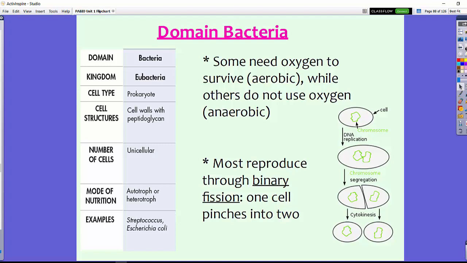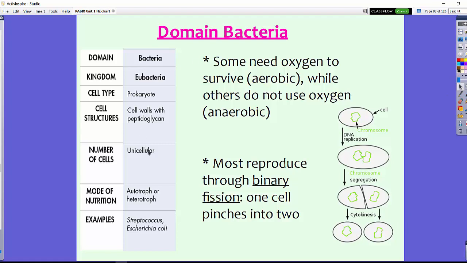Most of these also reproduce through binary fission, and here's a picture over to the side, which basically means that the DNA is replicated within the cell, the cell splits in half, and each cell now has a replicated portion of that DNA. So when this one cell gets too large, it's going to split in half and become an exact copy of itself. And when I mean exact copy, I mean an exact copy.